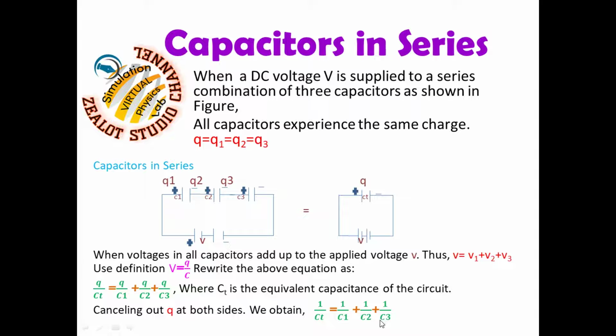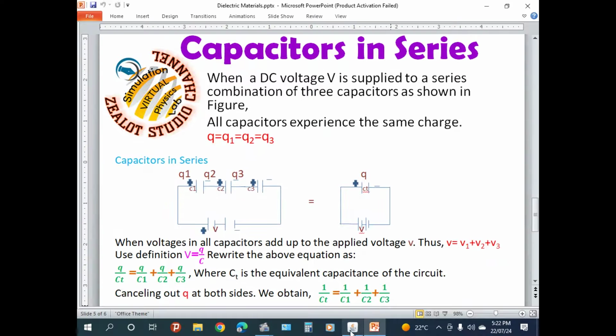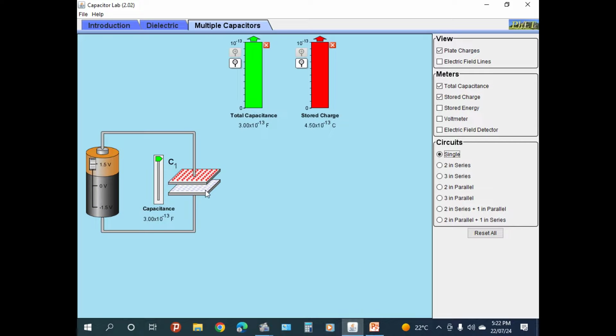Welcome back to the simulation. Here is the total capacitance, which stores 3 times 10 to the power of minus 13 farads. The potential of the battery, the DC cell, is 1.5 volts.